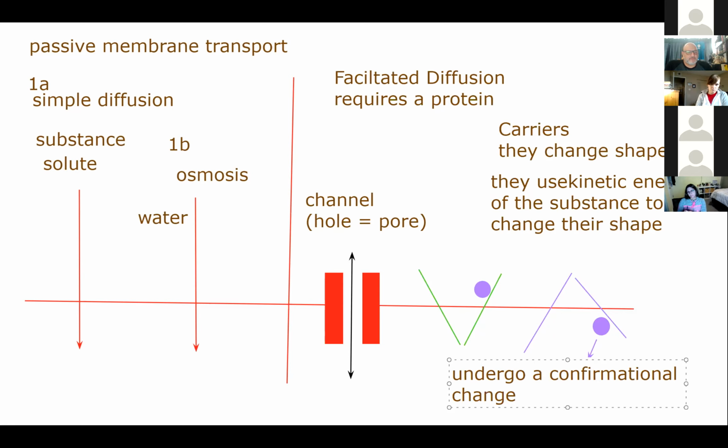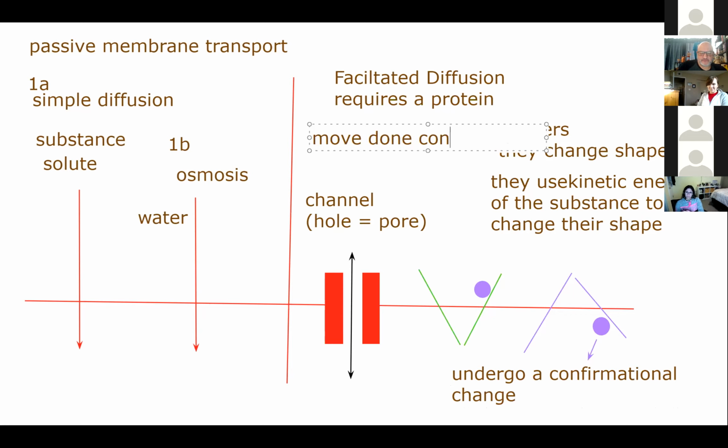I was going to ask, for ions specifically, for example a sodium ion, do they move through facilitated diffusion down their concentration gradient? Yes. And active against? Do they use both of them? So yes, you've got the right idea. We're still talking passive. When we talk passive, things move down the concentration gradient.